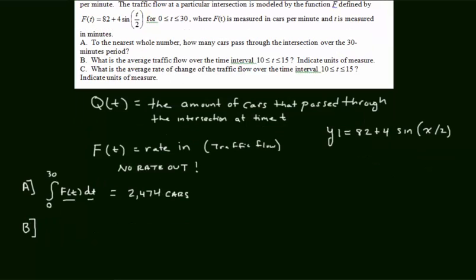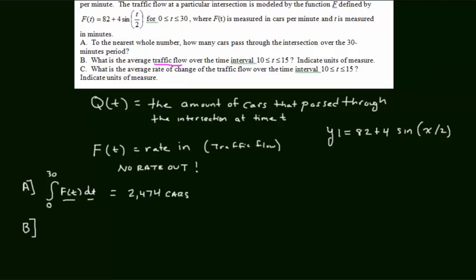Now let's take a look at example part B. What is the average traffic flow over the time 10 to 15? There are 2 types of averages that we've talked about in this unit. One is average value and one is average rate of change. Traffic flow is a rate of change, but when they ask for the average traffic flow, they're not asking for a rate of change. They're asking for the average.